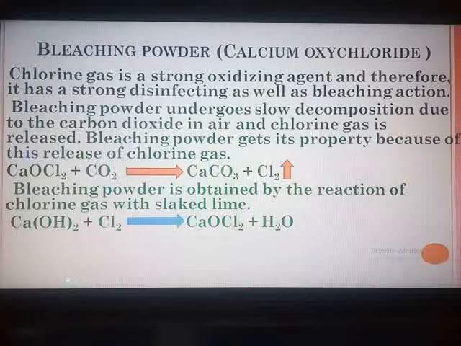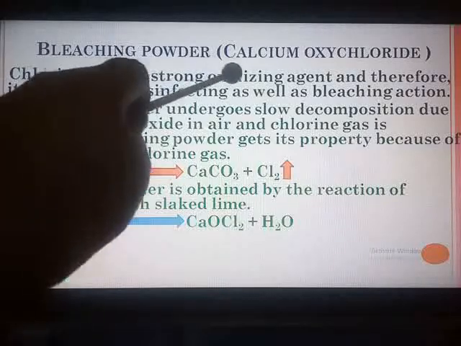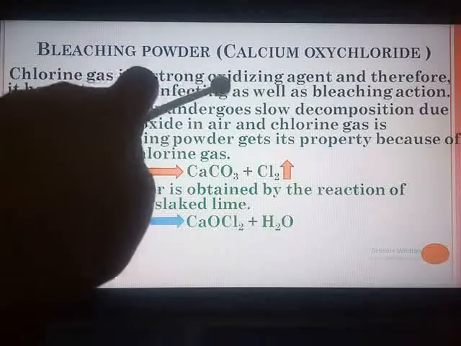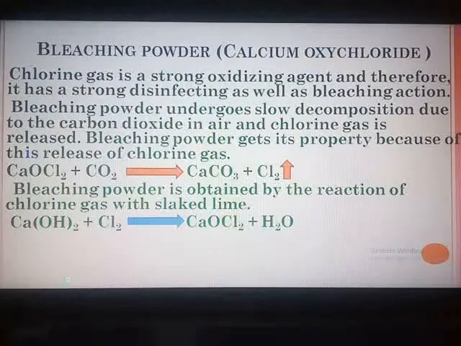Now this chlorine gas is used to destroy the harmful microbes in the water, and hence the water in the swimming pool has the smell due to the presence of chlorine gas. It is a strong oxidizing agent and therefore it has a strong disinfecting as well as bleaching action.